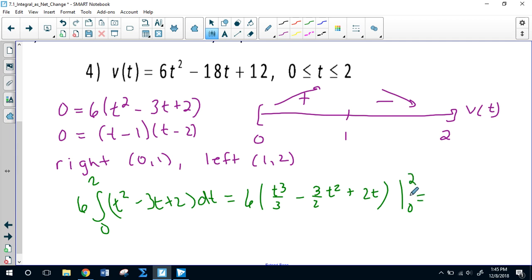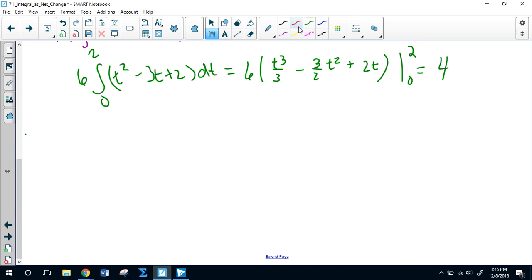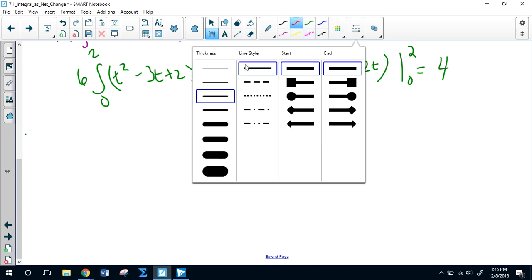When I do all my substitution and simplify everything out, I get an answer of 4. So like I said, I know you can do these calculations yourself. Pause and actually figure it out if you need to.